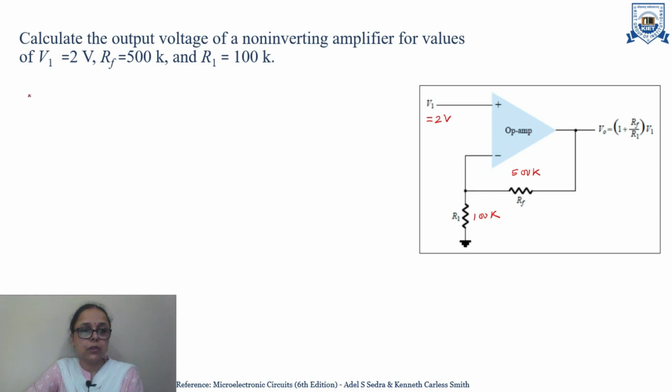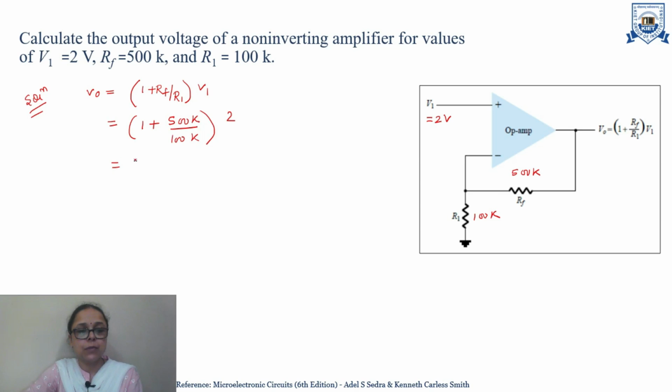To solve this problem, we will use the expression for the output voltage of a non-inverting amplifier, that is VO is equal to (1 plus RF by R1) times V1. So it will be 1 plus 500 kilo ohms divided by 100 K, multiplied by 2 volts.